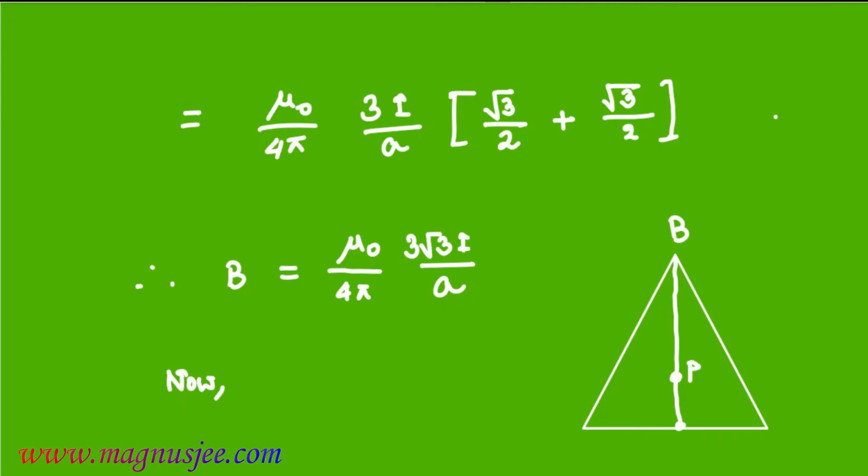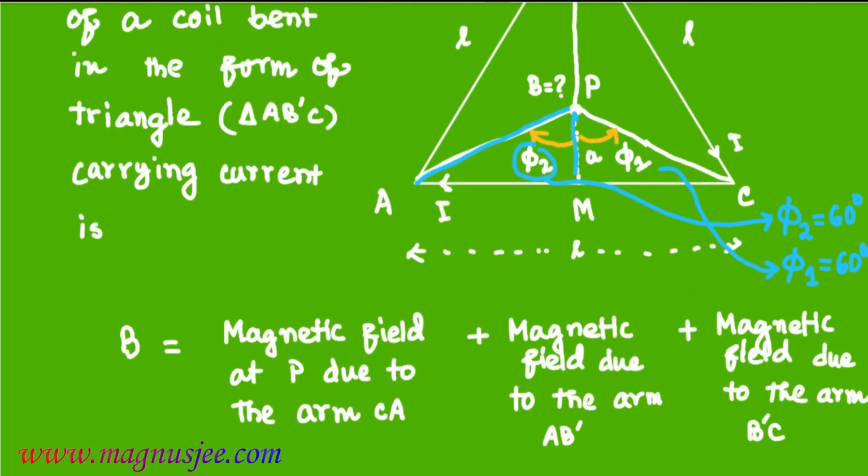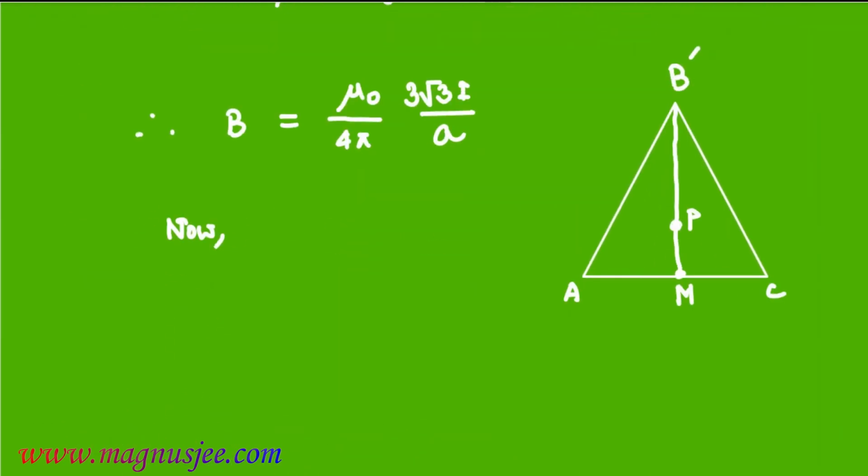B prime M is a perpendicular on the side AC. The length of each side is L, and we can draw the other two medians. In this case, this perpendicular distance a is equal to PM, which is 1/3 of B prime M.